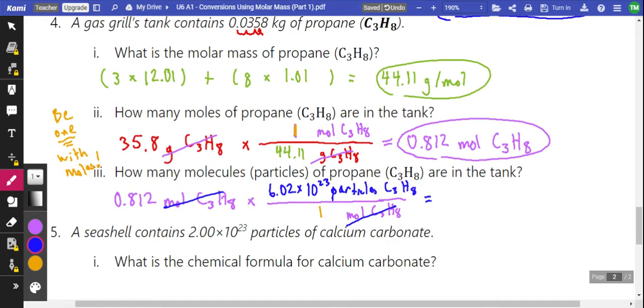So 0.812 times 6.02 times 10 to the 23rd gets me 4.89-ish. 4.89 times 10 to the 23rd particles of C3H8.